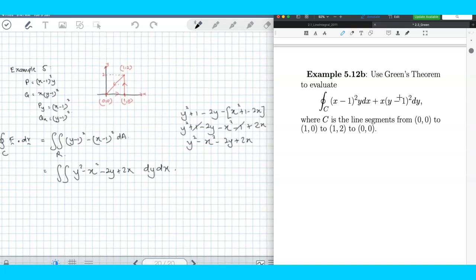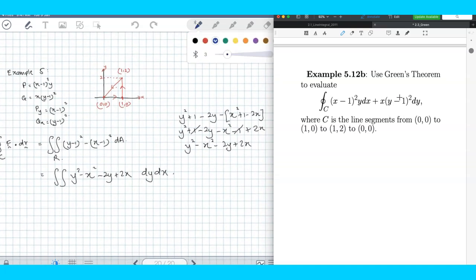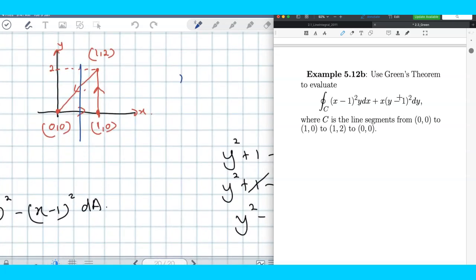So here you have to determine the limits. x is constant from 0 to 1, but for y you have to find the equation. How do you get the linear equation here? Find the slope m: 2 minus 0 over 1 minus 0, so you get 2.